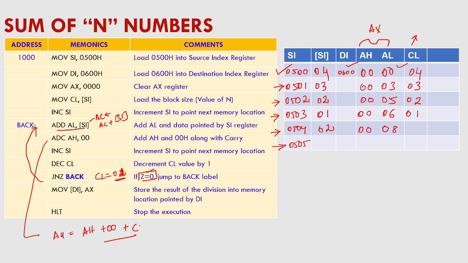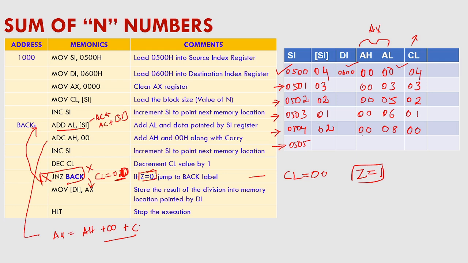Now decrement the current value of CL to 00. Very important: the current value of CL is 00, so the zero flag will be set. That means the condition failed, so the loop will not continue. It will break and go to the next instruction.